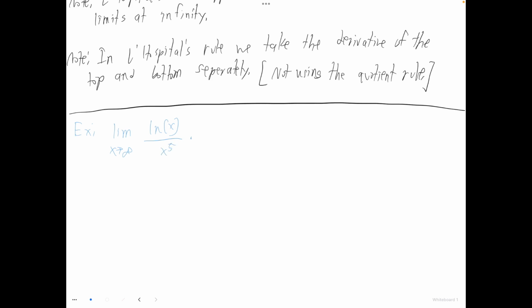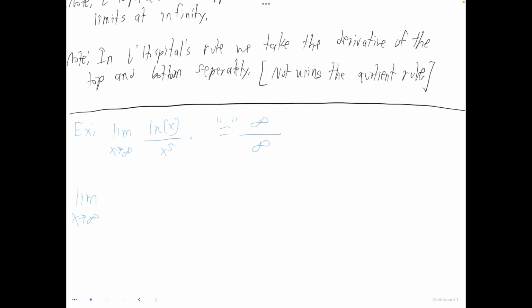The first thing to check here is to check that we actually are going to infinity. So the top is ln of x. As x goes to infinity, ln of x does go to infinity. It goes there very slowly, but it does go there. So it goes to infinity, and x to the fifth obviously goes to infinity. So this is an infinity over infinity form, and so we can use L'Hopital's rule.